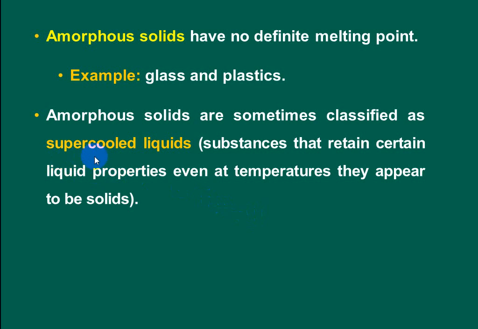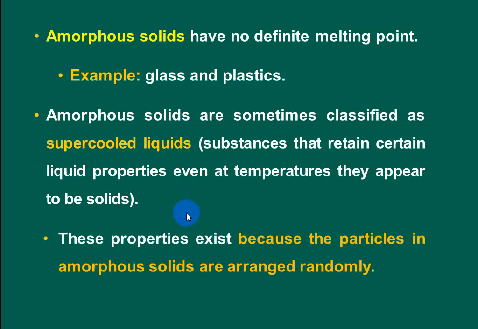So glass and plastics are supercooled liquids because they are amorphous solids. These properties exist in amorphous solids because the particles are arranged randomly, not in a fixed pattern or fixed shape.